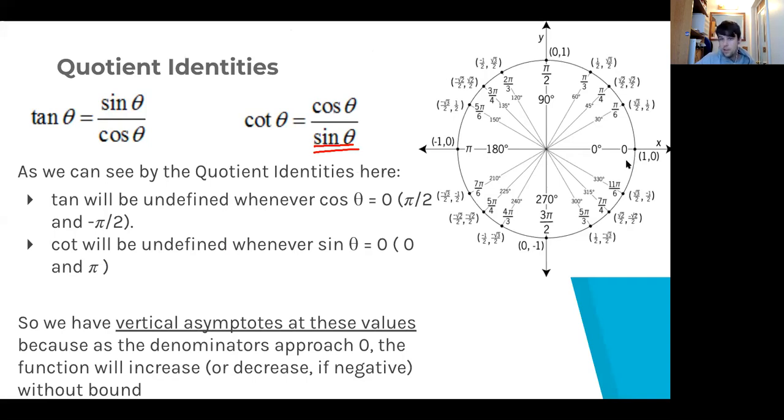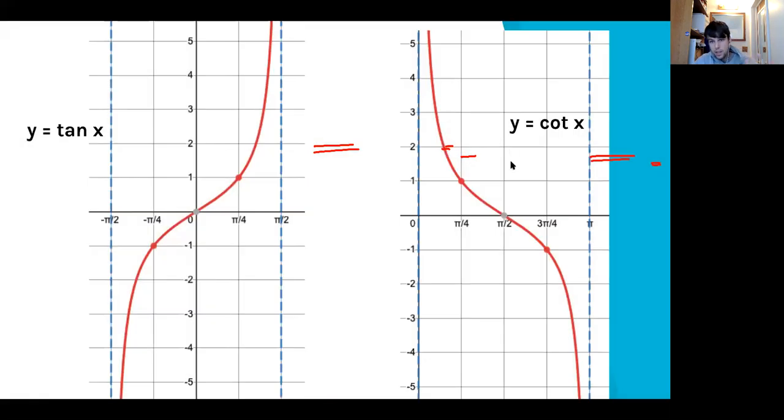And there are a couple of places, right? Sine is 0 here at 0 radians, and sine is 0 here at pi. 0 and pi, those were the places where we had asymptotes for cotangent, right? So wherever it's undefined, that's where we're going to have the asymptotes.